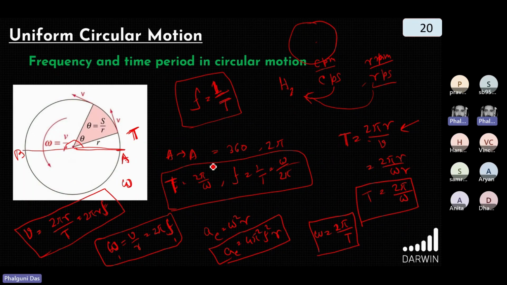Centripetal acceleration a_c can also be written by putting f equal to 1 by T, which gives us 4 pi square r by T square. So that is another way.